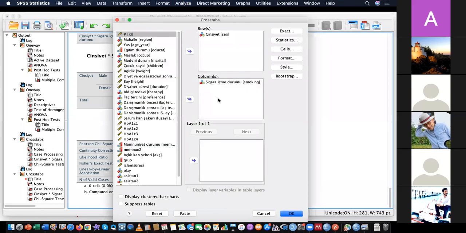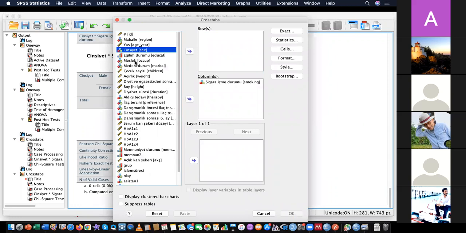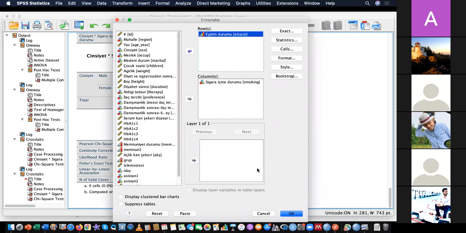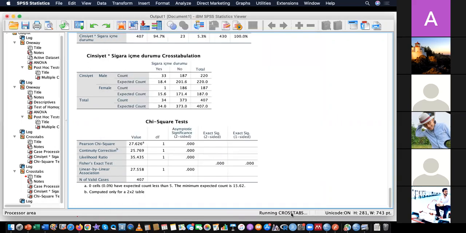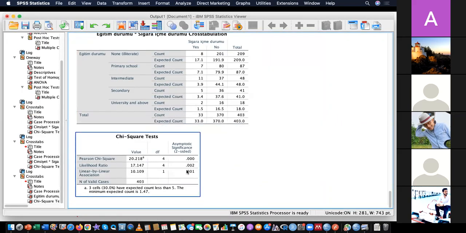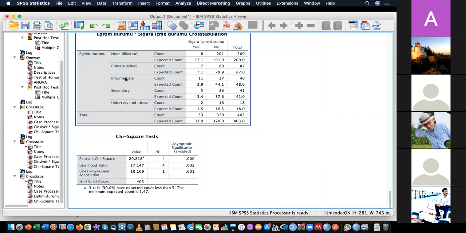Crosstabs, smoking status again, not sex. Instead of sex, I will have something else here, educational status, let's say. If I compare education status, non-primary school, intermediate school, secondary and university and above, 5 categories, and compare smoking status between these 5 categories, I have expected values of 17, 197, 79.